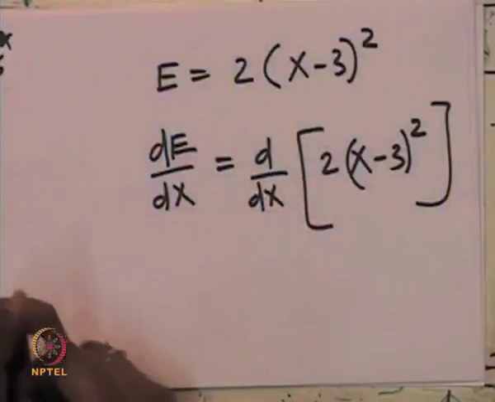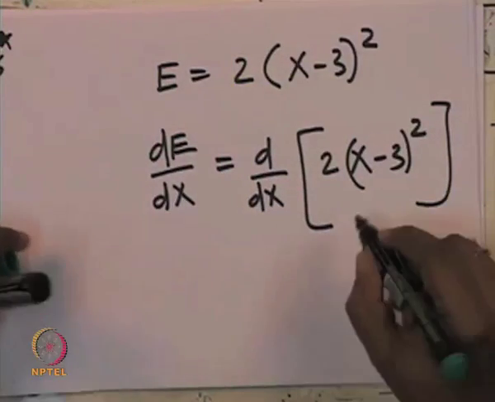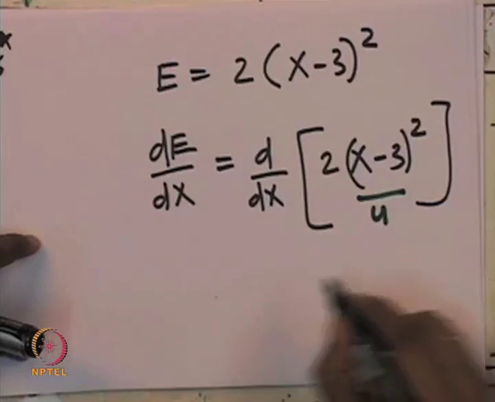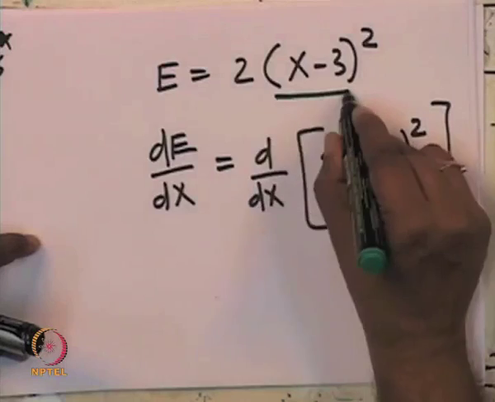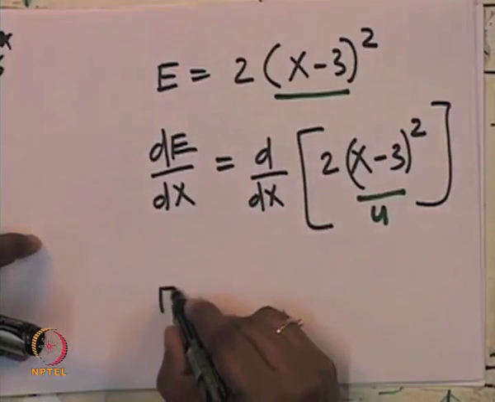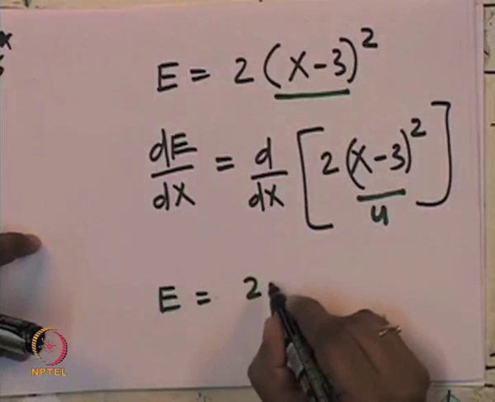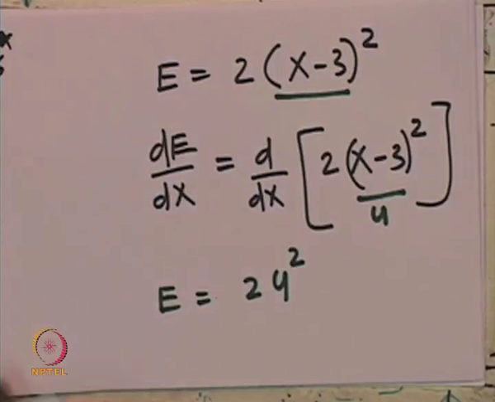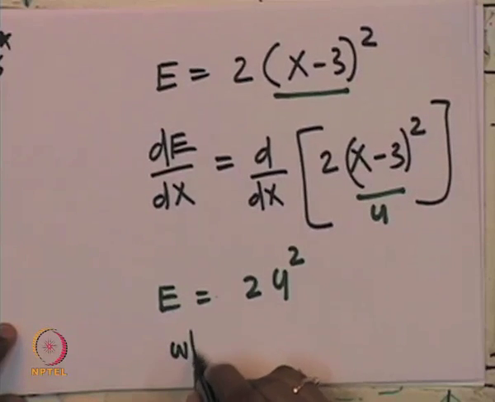So, let us look at this again. If you take this x minus 3 as some u, the energy will end up as 2 u square, where u is x minus 3.